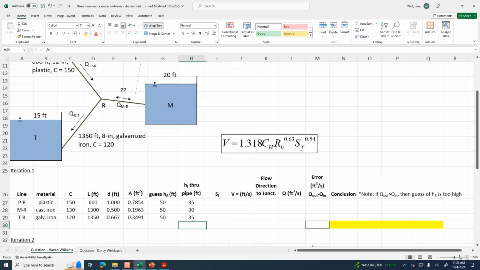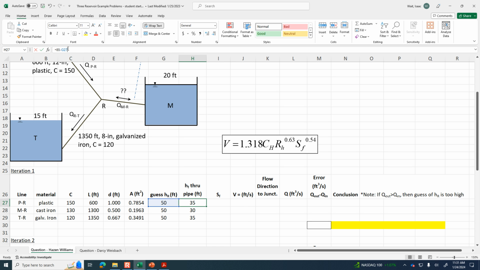So look, sometimes I type in the elevation first, and sometimes it's referencing the head guess at R first. It depends on the implied flow direction by what head that you've guessed. So if you look at the formulas, I did 85 minus the guess for that first pipe, but then it's the guess value minus 20 for the second pipe and the guess value minus 15 for the other one.